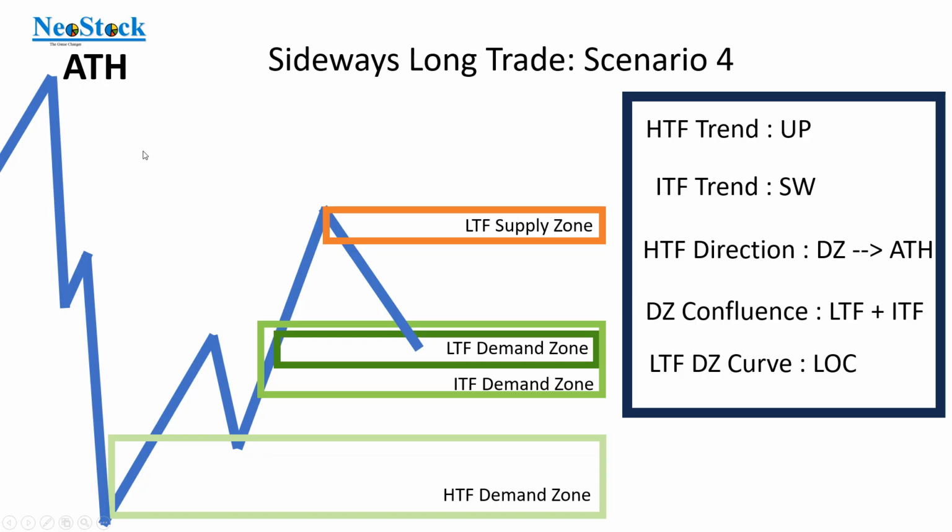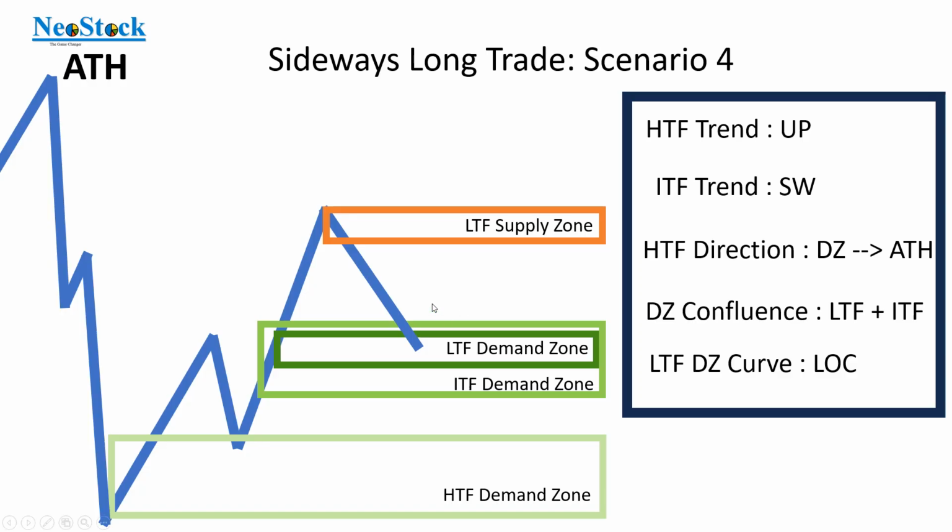In some of the all-time high scenarios, HTF supply zone won't be available, but ITF and LTF supply zones might be available. In some scenarios, all three may not be available. We may see both scenarios. Okay, if LTF supply zone is there, our target is until this LTF supply zone. Let us assume there is no LTF supply zone. In that scenario, target is all-time high. We discussed these scenarios earlier.